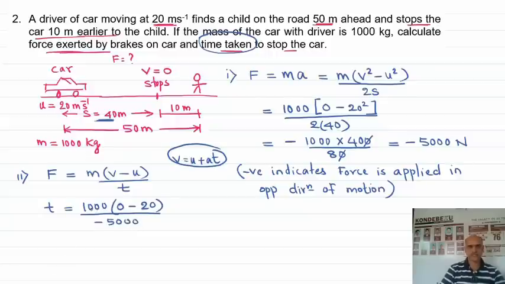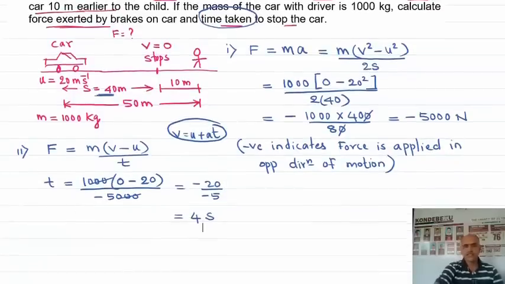So these three zeros get cancelled. You will have minus 20 divided by minus 5. So 5 fours are 20. Answer is 4 seconds. 4 seconds is the time.